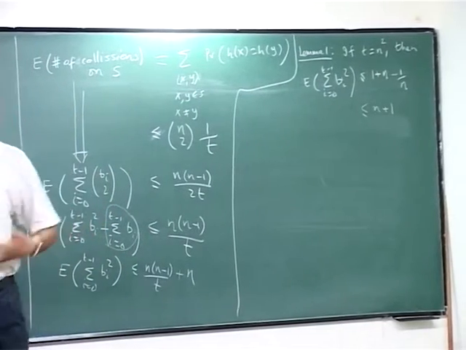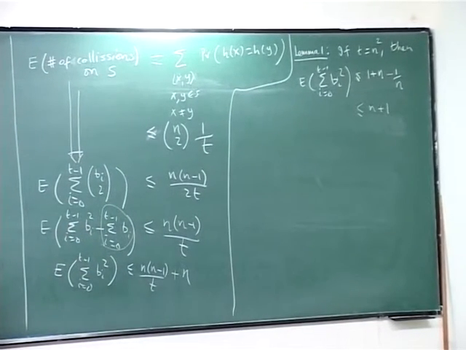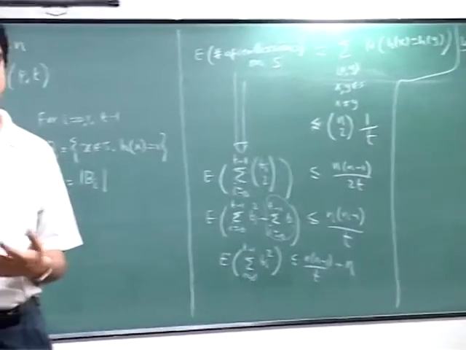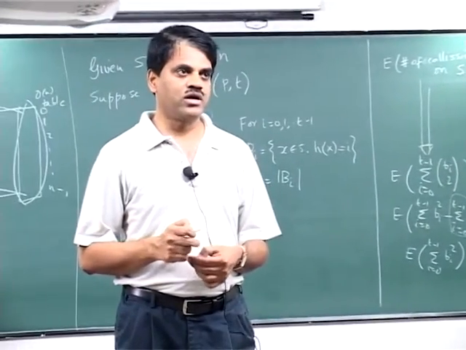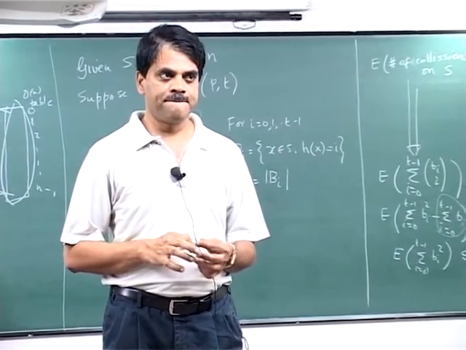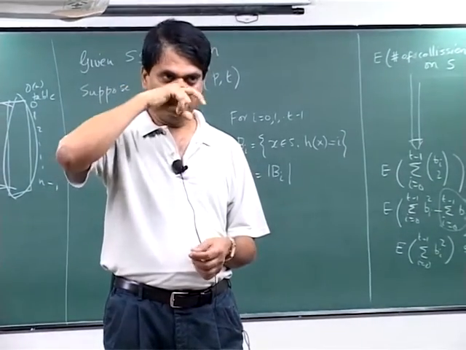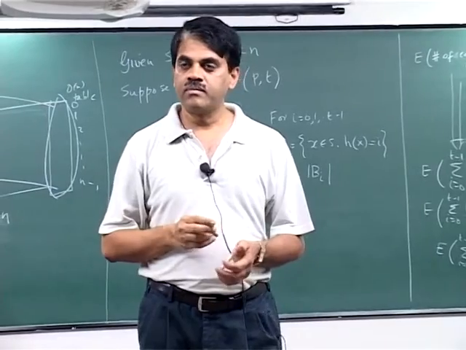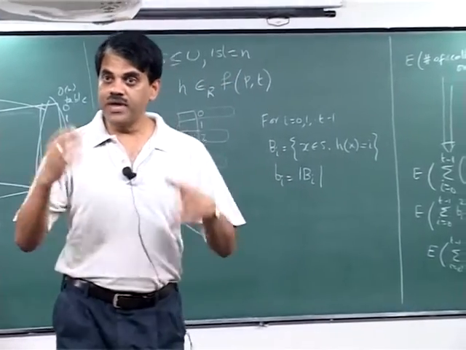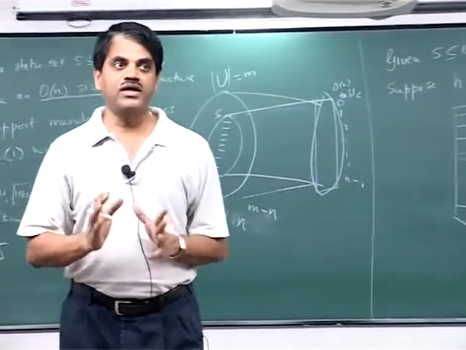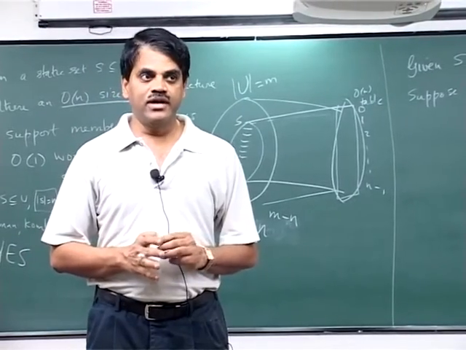Summation Bi is equal to n. You know that. Summation Bi square is less than or equal to n plus 1 means what? Bi cannot be greater than 1.